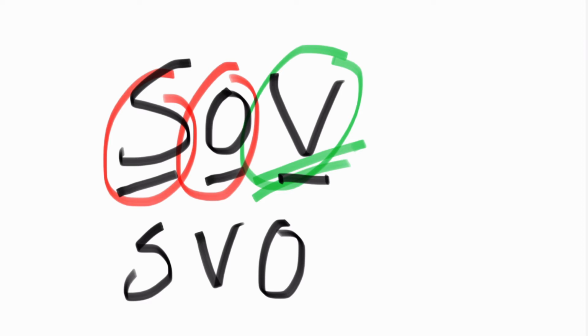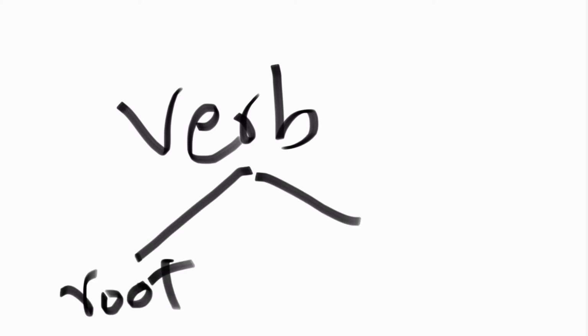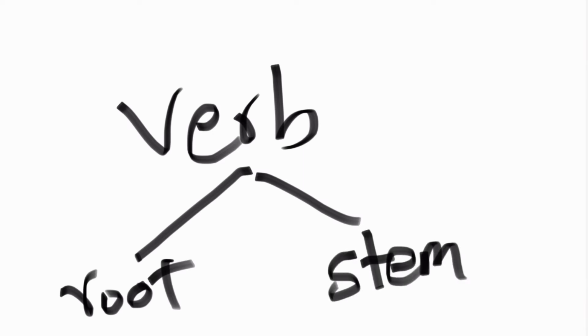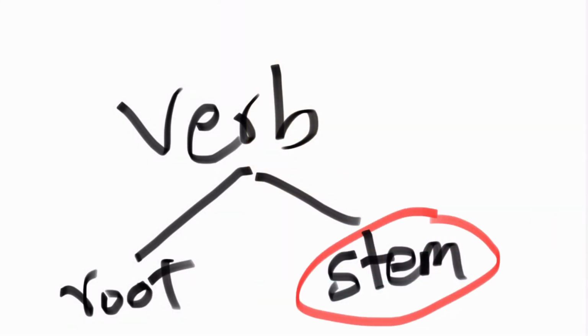So let's first start with the verb. Now in any language, a verb is divided into two parts. One is called the root and the other one is called the stem. Now what is the difference between them? The stem never changes in the verb.